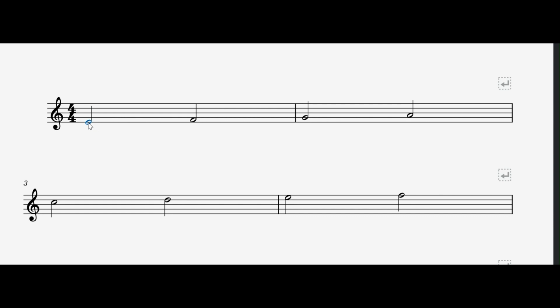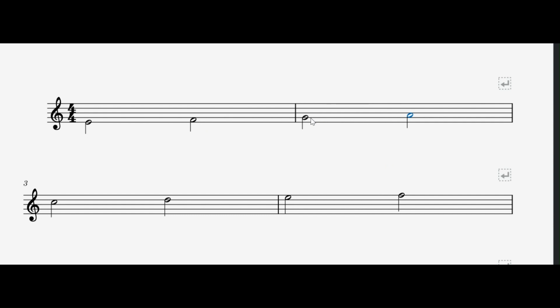I'm going to just turn the stems down here just so you'd see what they look like. When you're having difficulty to remember if the stems should be up, the basic rule is that the stems cannot be extended or hanging away from the stave. Stems can't be jutting out of the stave.